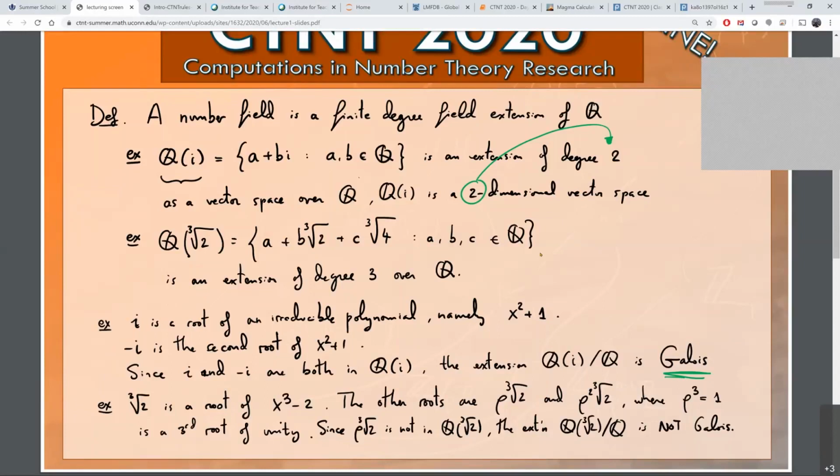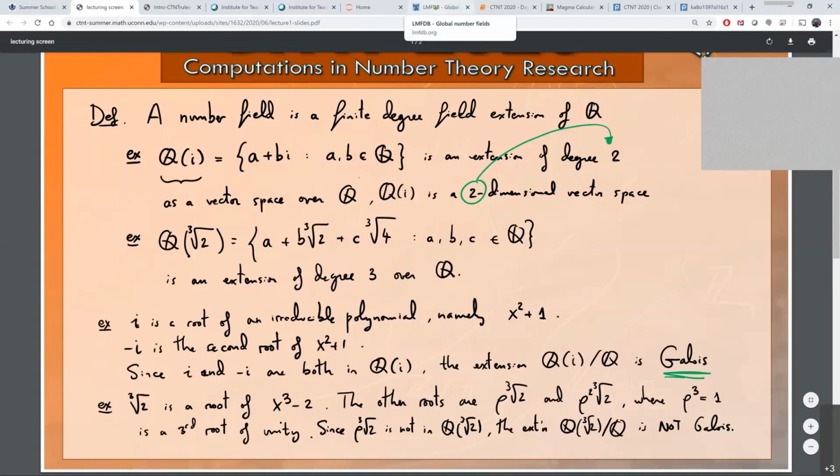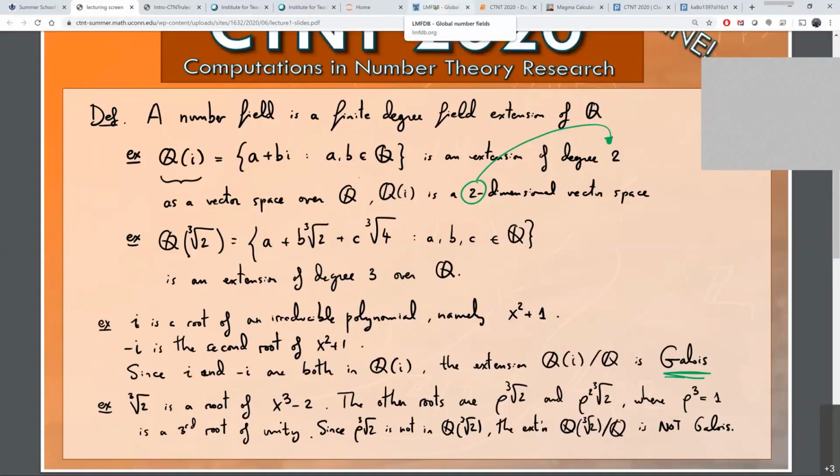Since rho times the cube root of 2 is not in Q adjoin the cube root of 2, not all the roots of x cubed minus 2 are in the field, and the extension is not Galois. Anyway, what we're actually interested in is what Galois groups appear over Q for number fields.